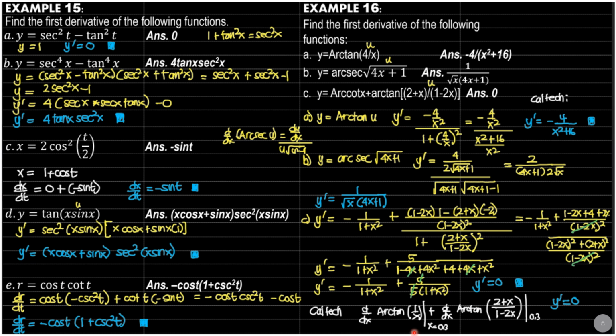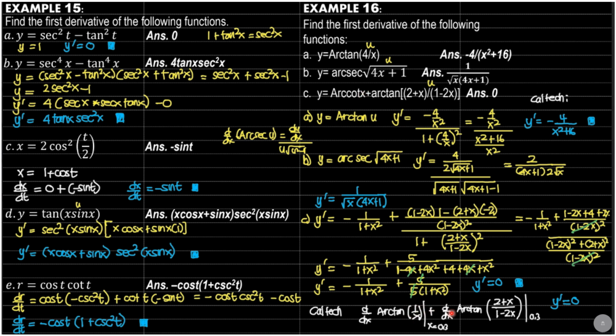So using your calculator, inverse cotangent of x is the same as inverse tangent of 1 over x because there's no inverse cotangent in your calculator, only inverse sine, inverse cosine, and inverse tangent. So replace inverse cotangent with inverse tangent, and you replace this x here with the reciprocal 1 over x.